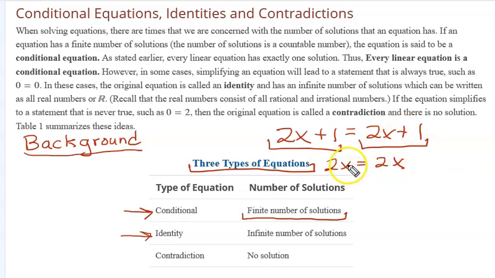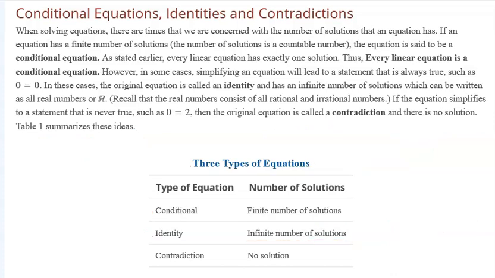So no matter what value you put for x on this side, it would have that same value for x on the other side. So all real numbers would make this true. So for an identity, the solution is an infinite number of solutions. That would be one way of describing it. Or another way, and write this down, all real numbers. And again, you may have to pause as we go on.